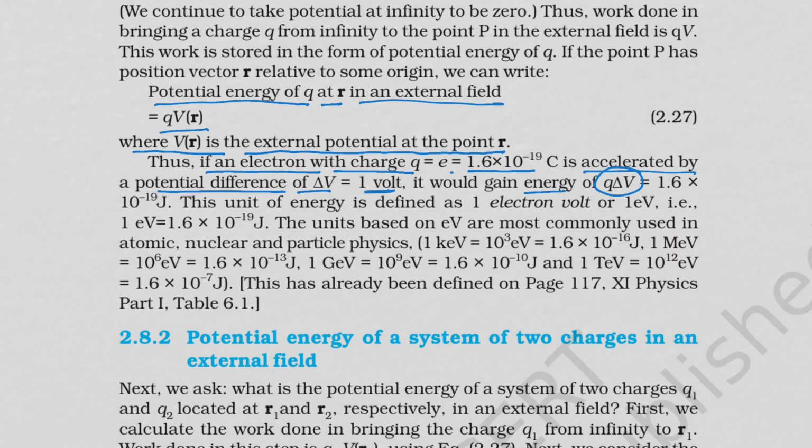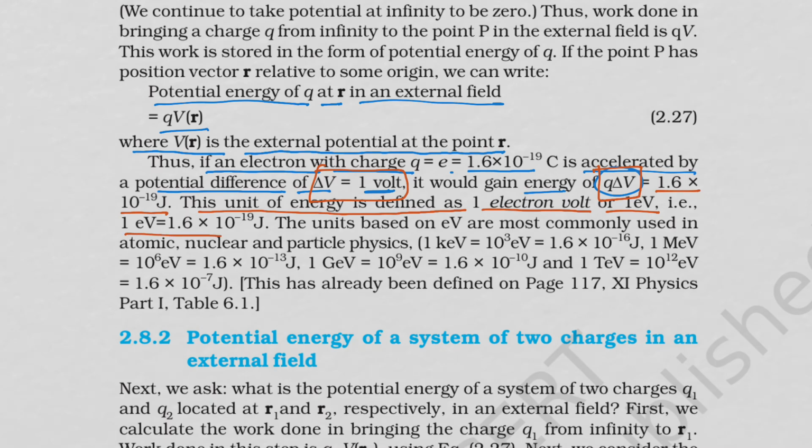So already here the external potential is given as 1 volt. So the potential energy would be Q delta V, and that is equal to 1.6 into 10 to the power minus 19 joule. And this unit of energy is defined as 1 electron volt or 1 eV.